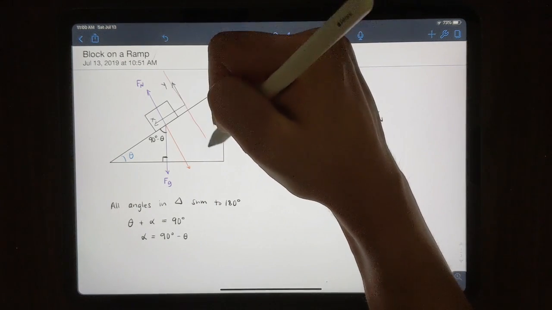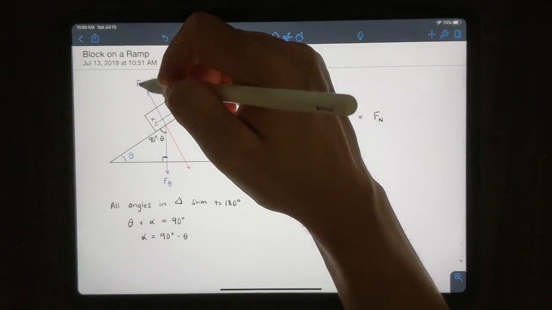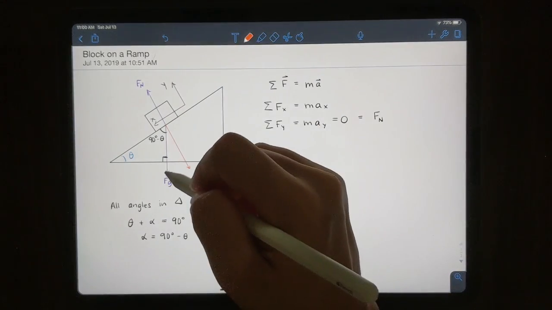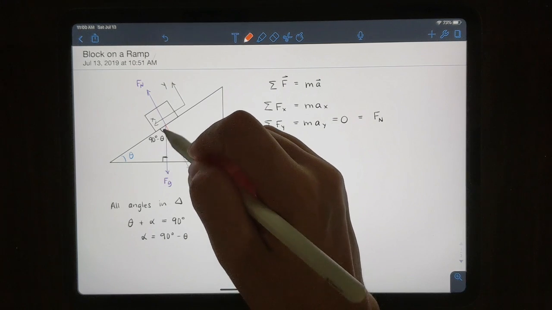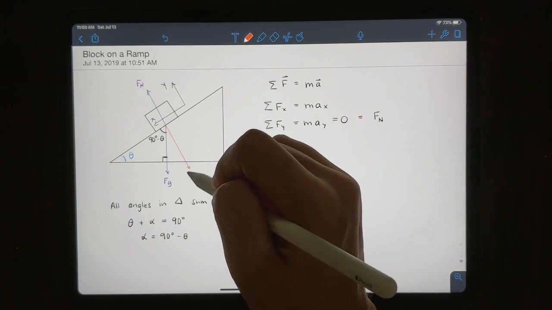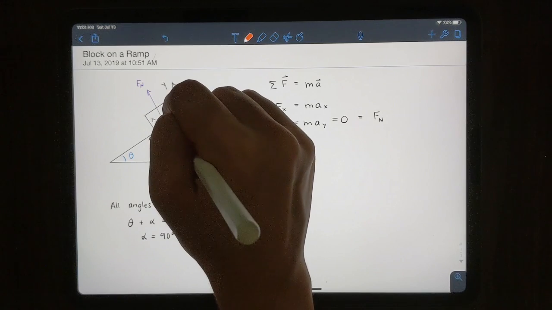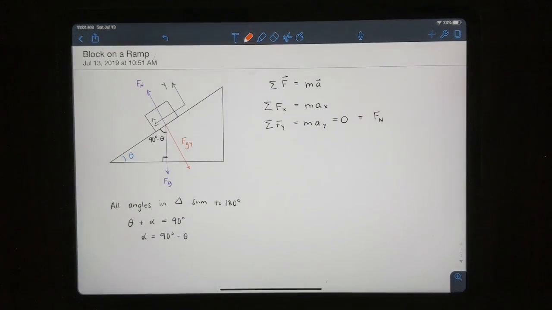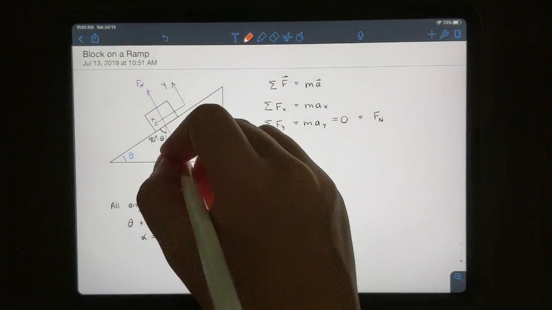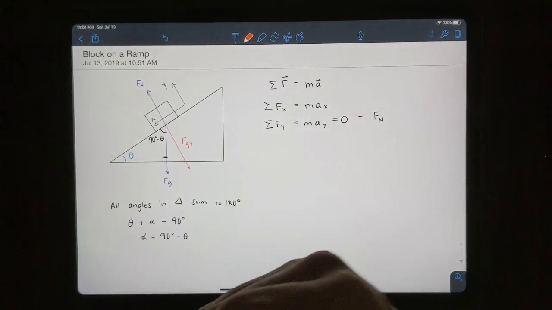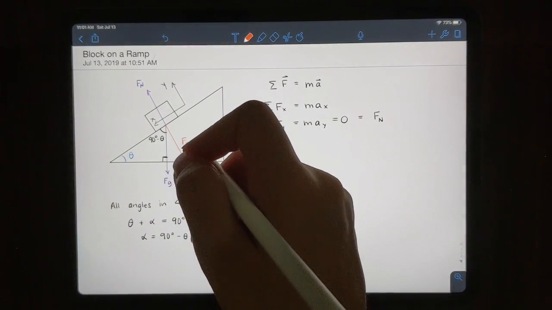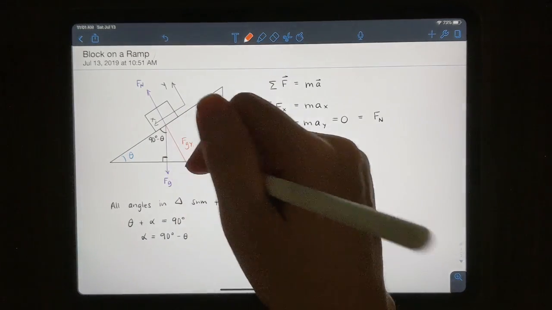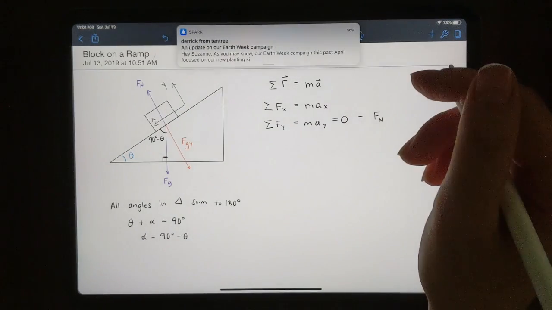Because the y-axis is going like this, we can see that this is parallel to the y-axis. This is the projection, how much of this vector is lying on the y-axis. So that vector is actually the gravitational force y component. In other words, how much of the gravitational force is in the y direction as we have defined it.